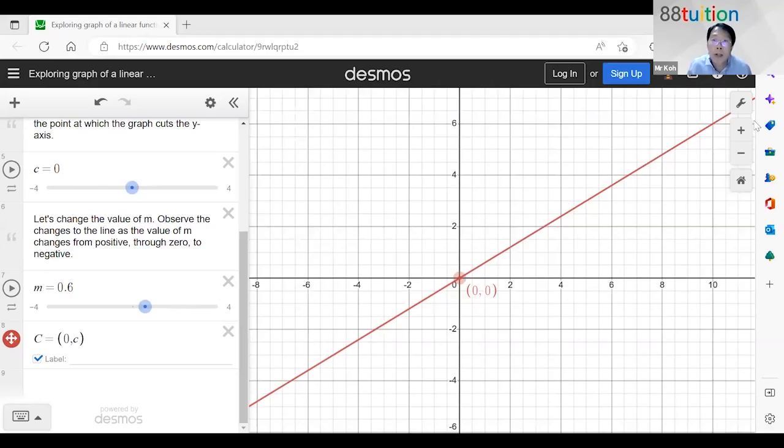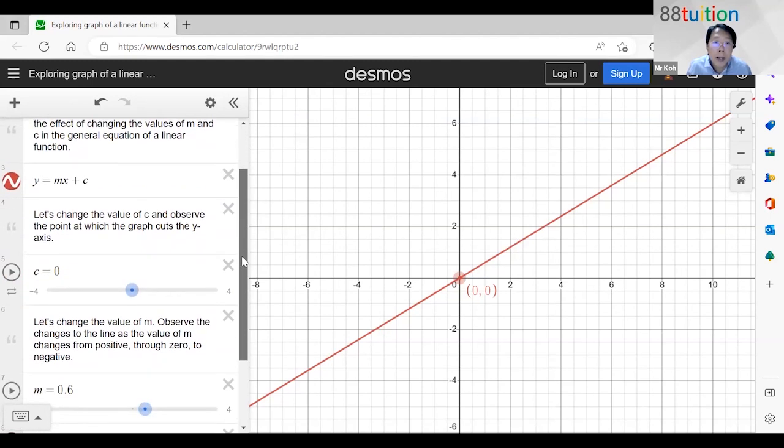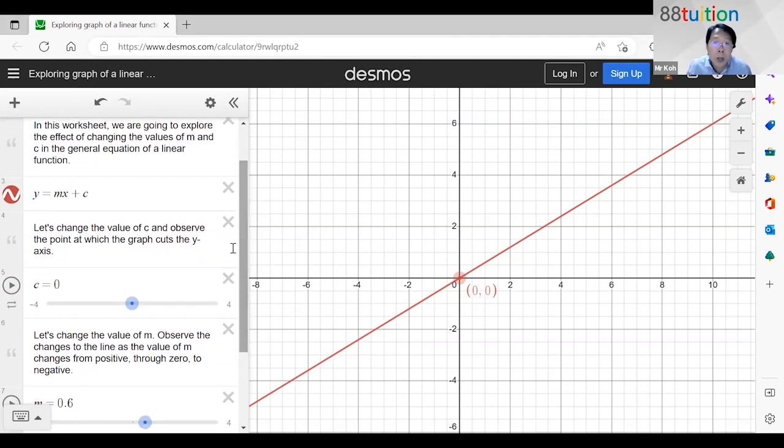Okay, maybe you all just missed something that Mr. Cole shared. Maybe I will quickly go back to that slide again. We are looking at the equation y equal to mx plus c. Now, this online software shows you what happens when I vary c.